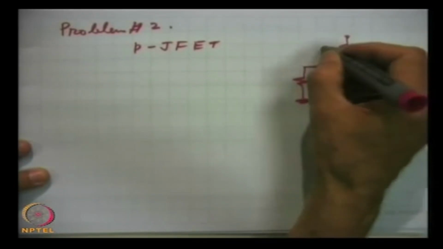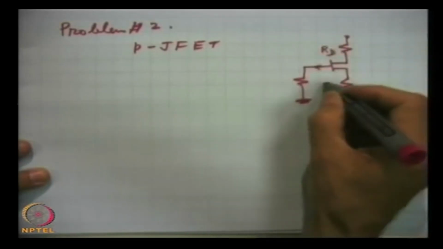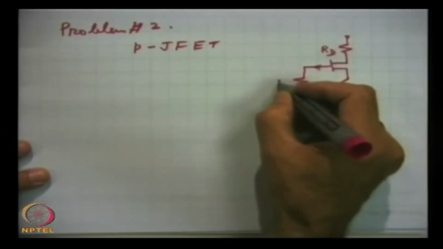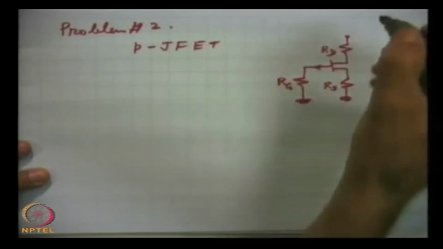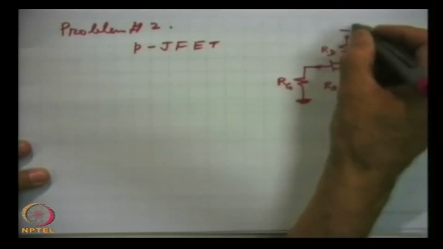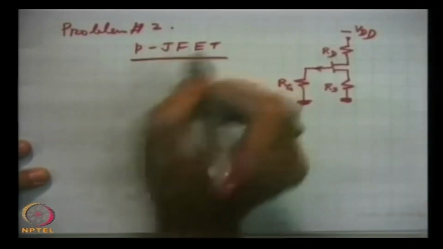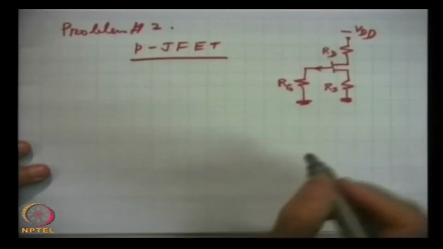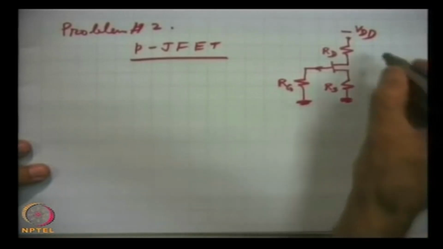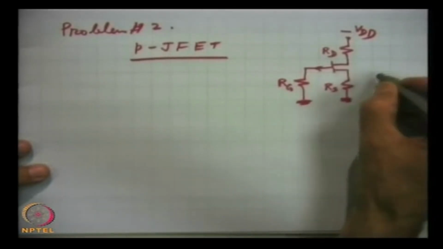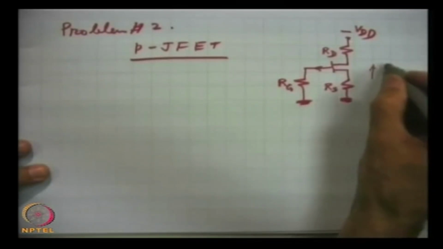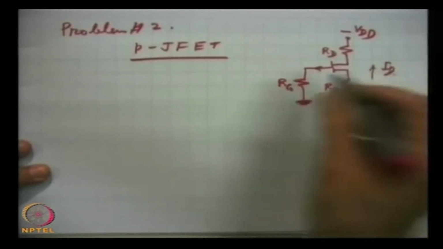This is RD, this is RS, this is RG, and this is minus VDD because it is a p type junction field effect transistor, and the current flows this way.